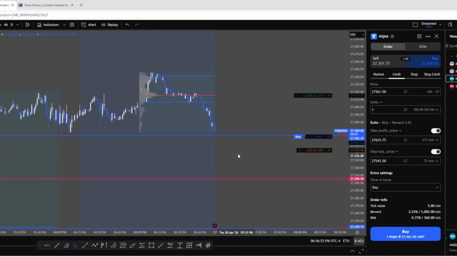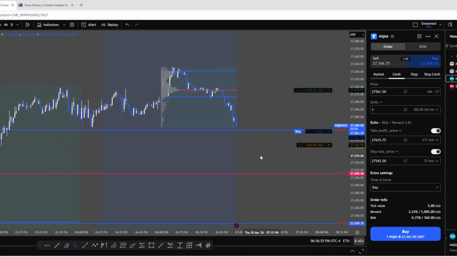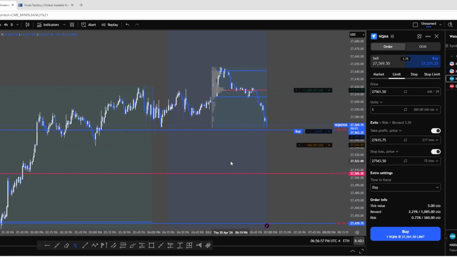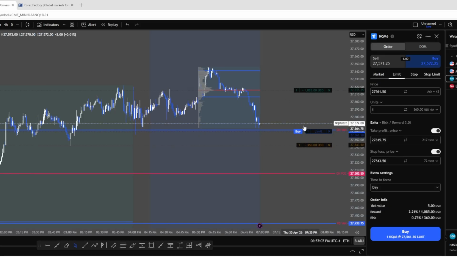But we are honestly pushing super aggressive right now to the downside. Really aggressive, and I don't know if we're gonna be able to hold this level here, so I might place it down here. It kind of depends, right? I would be taking this one off of one confirmation or two confirmations.